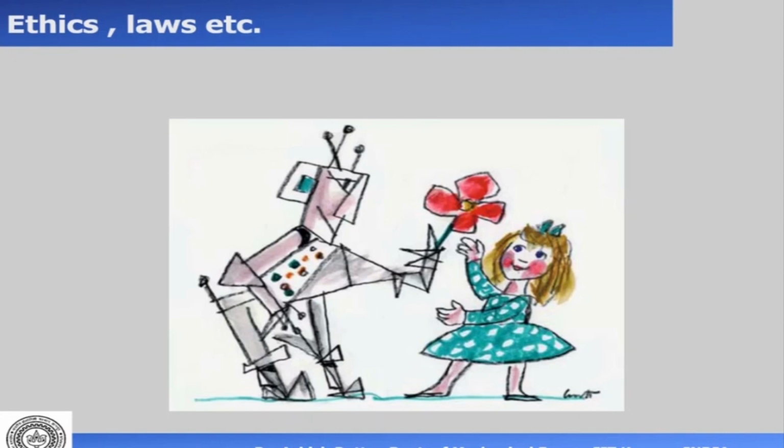Because if a robot is going to live in society, there are all kinds of psychological issues. There can be social issues. There can be ethical issues. So all of this has got together, and today robotics pervades not only engineering disciplines but all other disciplines, including the sciences and the arts. So robotics is going everywhere now. Even people who think they are not involved with robots are actually involved with robots in some way.